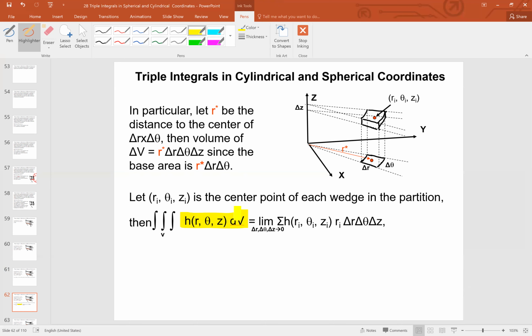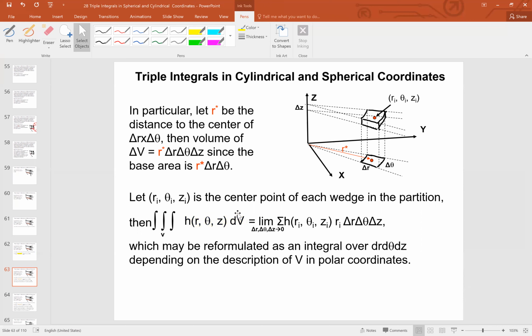I want to add up the mass of all these wedge chunks. The ones further out and closer in are all slightly different sizes, but I let dr, d theta, dz all shrink to zero, so the volume of each chunk goes to zero. Then I add them up, and that's an integral. This is the triple integral in cylindrical coordinates.